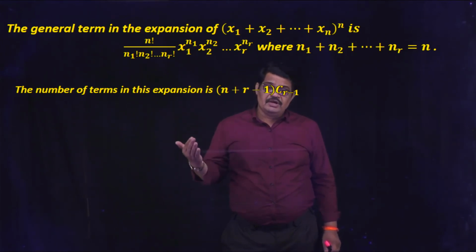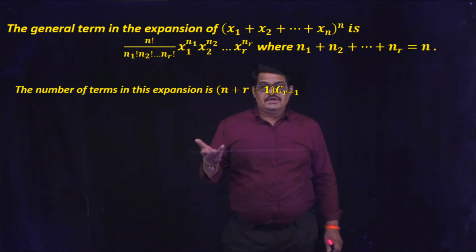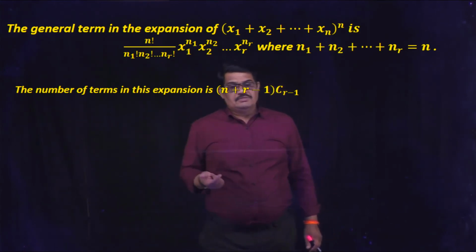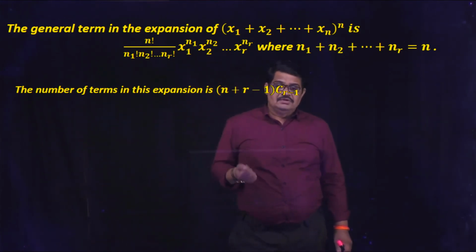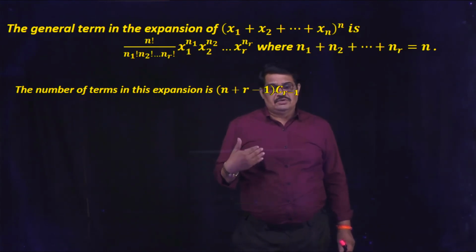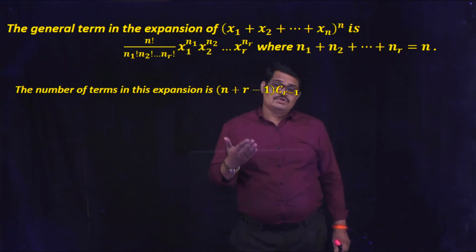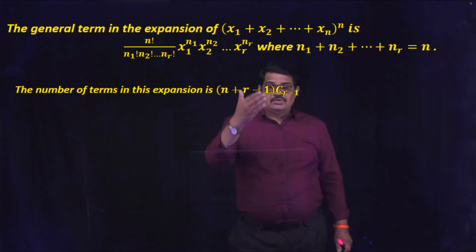So binomial expansion has two terms. Here we are taking n terms, x1, x2 and so on xn. So that is (x1 + x2 + x3 + and so on + xn)^n.